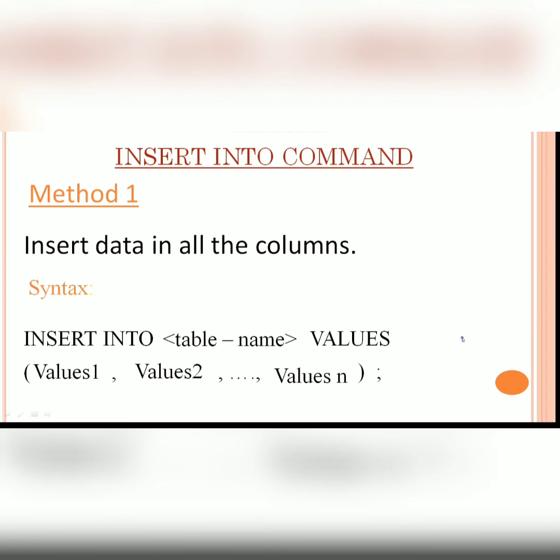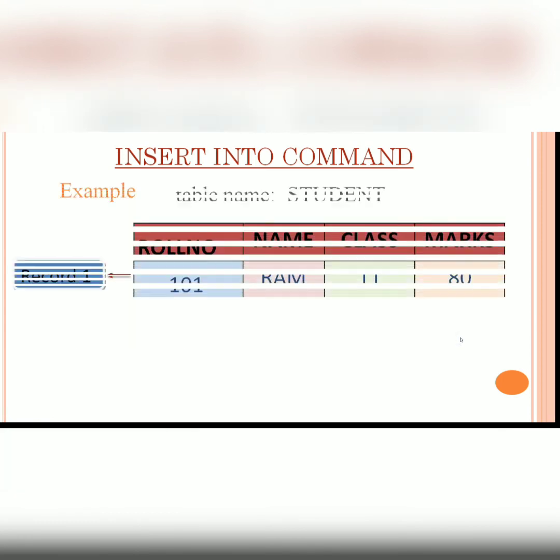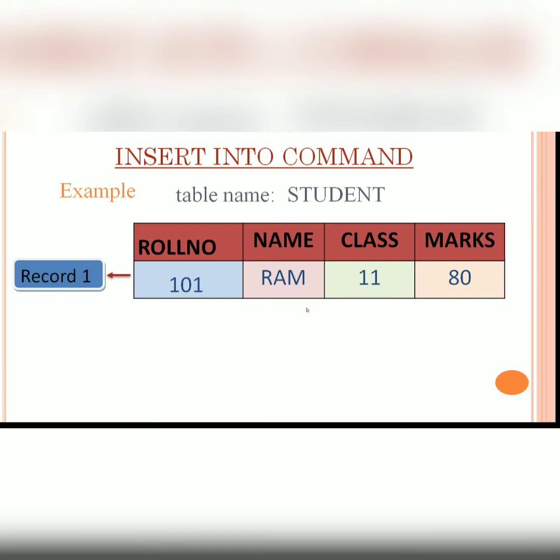Let's see the example to make it more clear. Suppose we want to insert a record in student table. We will use the following command for inserting a record in a table. First we will write the insert into command, then we will write table name. After that we will use a values keyword, then after opening bracket will be used.